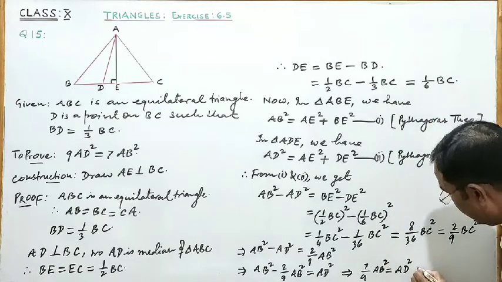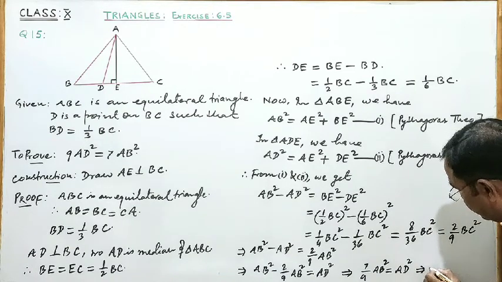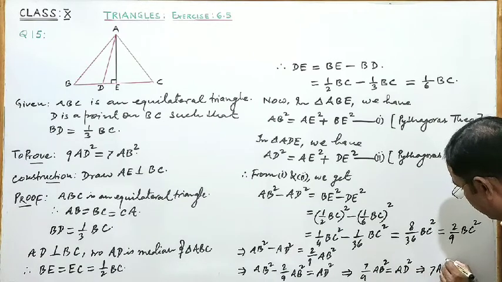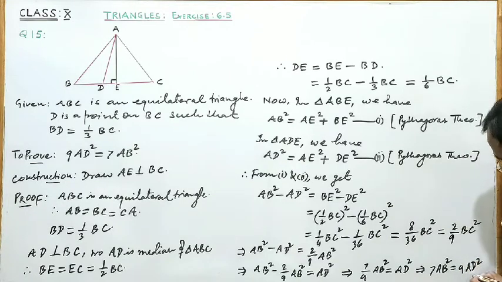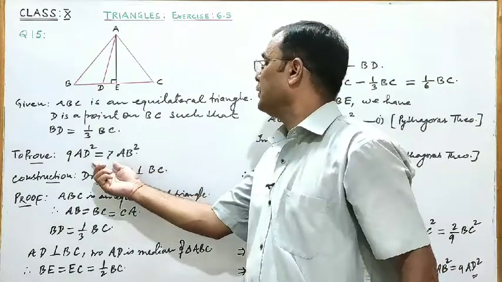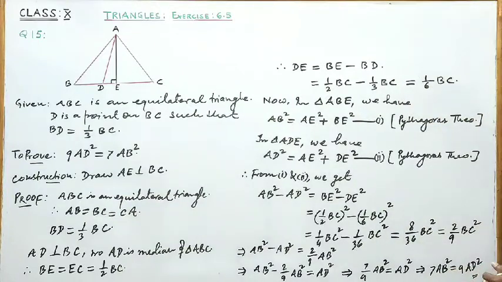Now cross multiply, you will get 7 AB square is equal to 9 AD square, and this was the result in this question to be proved, and we have proved this result. So hence proved.